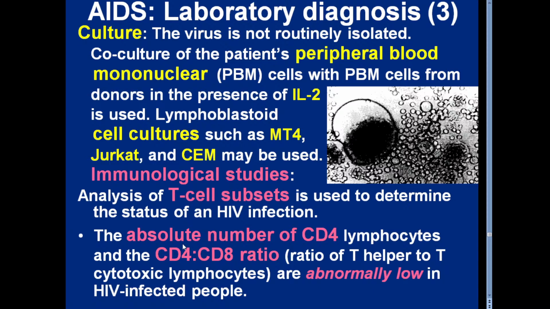Analysis of T cell subsets is used to determine the status of HIV infection, that is, the count of the level of CD4 cells, and especially comparing the number of CD4 lymphocytes and CD8 lymphocytes. The ratio of T helper to T cytotoxic lymphocytes is abnormally low in people with HIV infection.